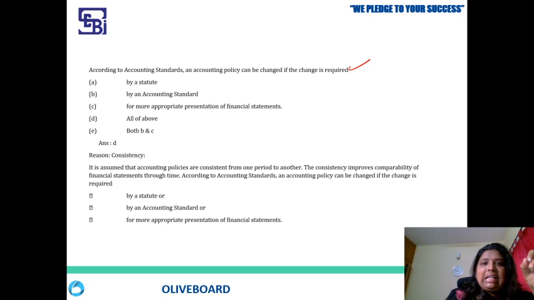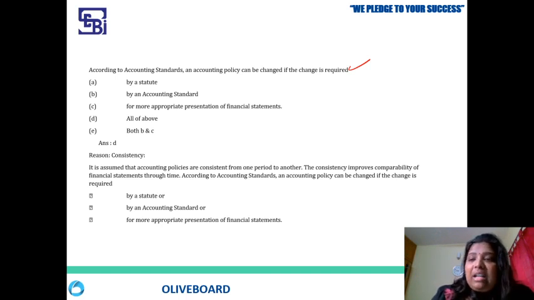No, you have to represent your financial statement in the same accounting policy for both the years, and the impact analysis also you have to give in your financial statement. You have to disclose it. Say, last year I valued my inventory on the FIFO method. This time I am valuing it on the weighted average method.